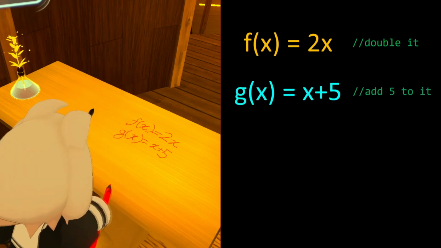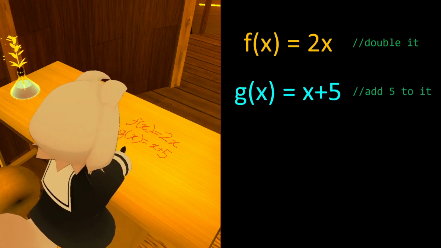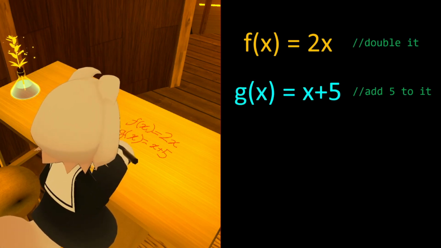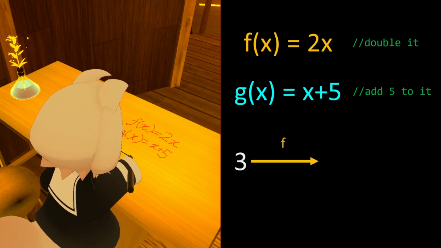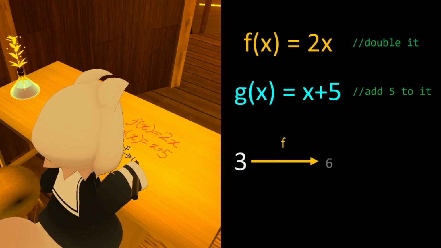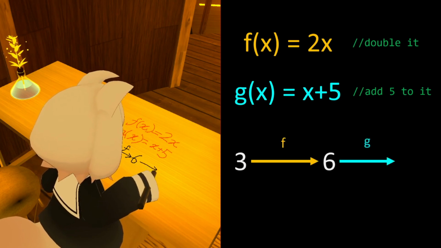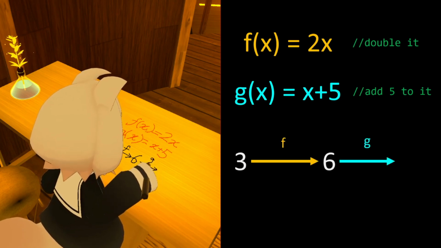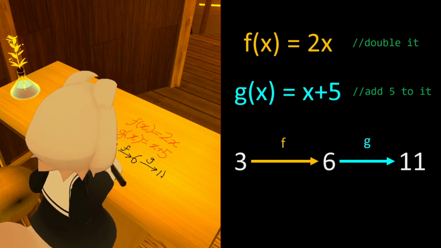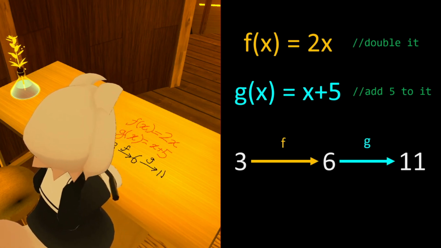So let's take a look at this in action. Let's say we start with 3. If we put it into f first, we will have 6, and then put it through g, we would have 11. Pretty cool. But what if we do the same thing in a different order?